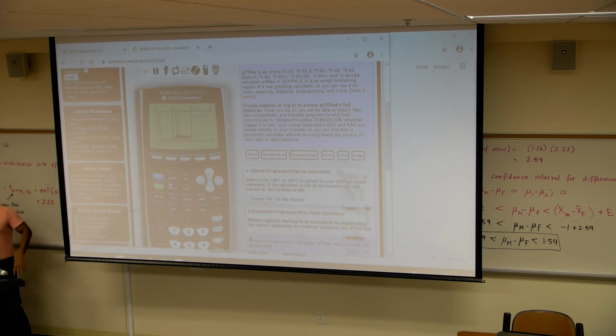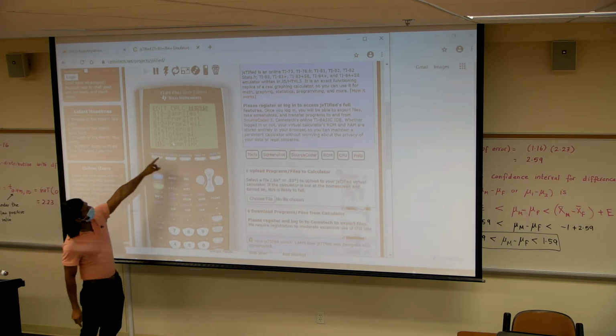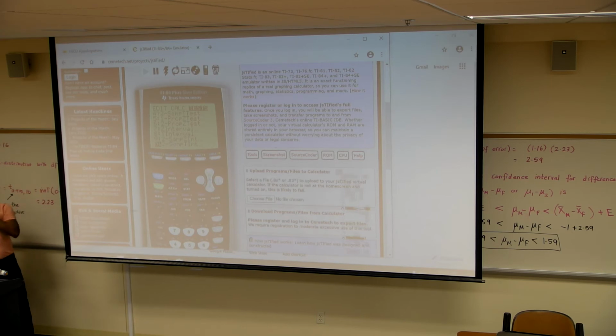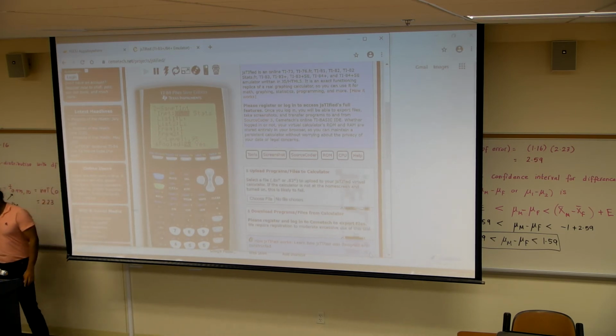The data is in there. Exit. Press stat, go over to tests. Scroll down. It says 2 sample Z interval, 2 sample T interval. Which one should we use? T. And since we have the data, I'll just leave it as is, where the cursor is at.